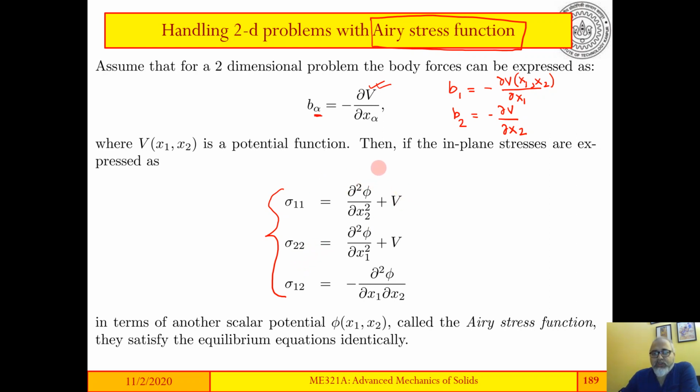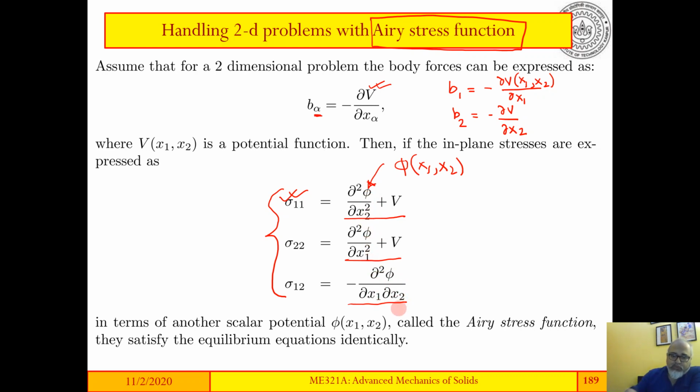And I introduce another scalar function, which is a function of x1 and x2, which we call the Airy stress function, so that sigma 11 is expressed as this, sigma 22 as this, and sigma 12 as this. These are second derivatives of phi with respect to x2 square, x1 square, and x1 x2.